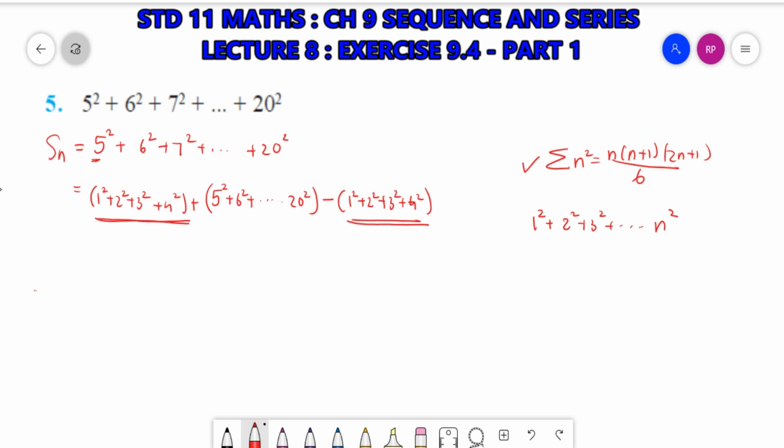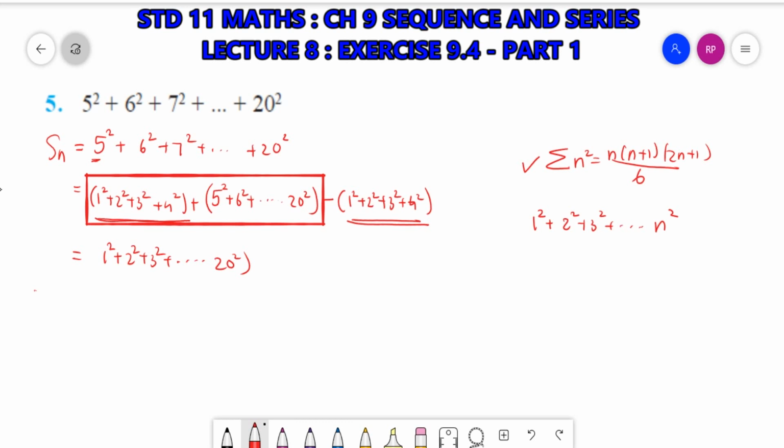Clear? So now if I take this, what can I write down? 1 square plus 2 square plus 3 square up to 20 square, minus 1 square plus 2 square plus 3 square plus 4 square.